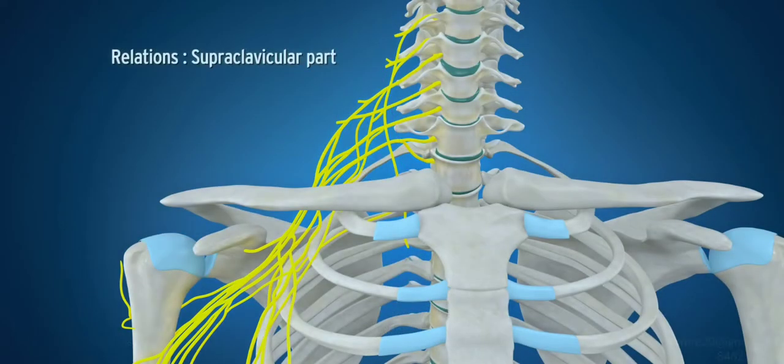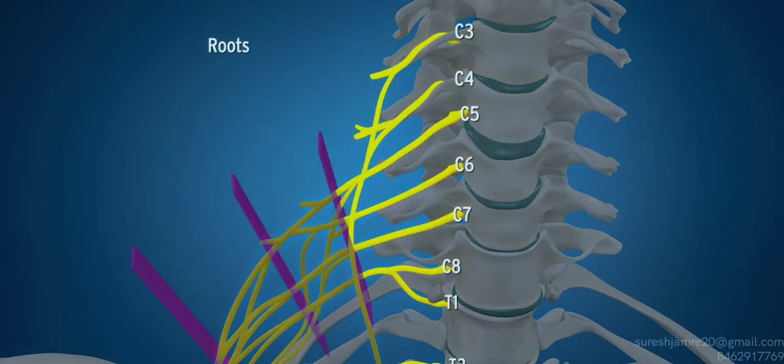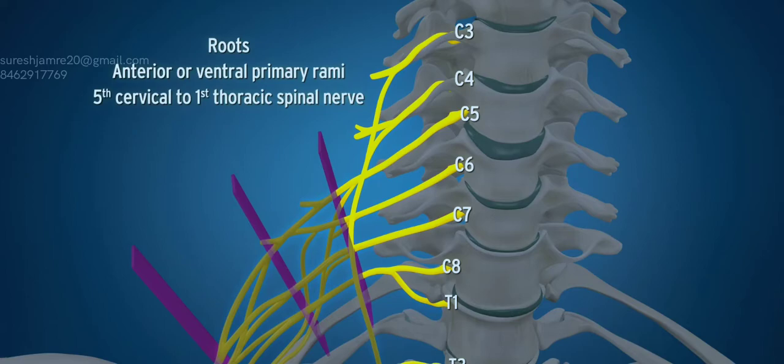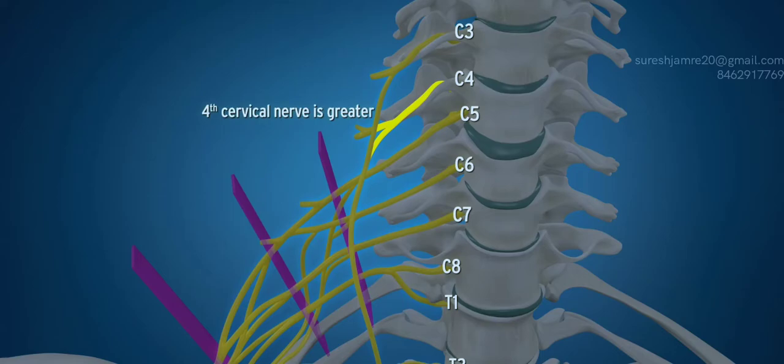Relations: supraclavicular part. The roots. The roots of the brachial plexus are derived from the anterior or ventral primary rami of the fifth cervical to first thoracic spinal nerves, that is, C5 to T1. Occasionally, the contribution of the fourth cervical nerve is greater.